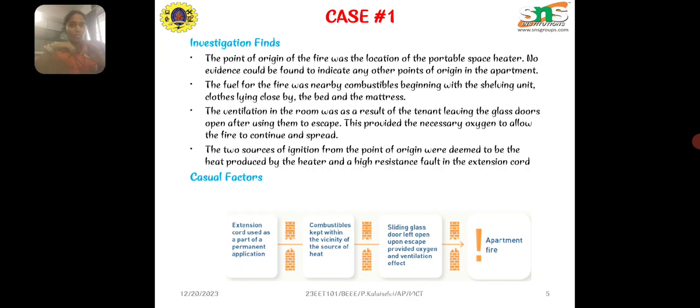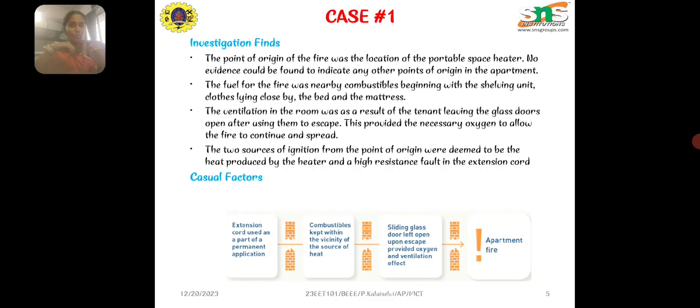No evidence could be found to indicate any other point of origin in the apartment, and the fuel of the fire was nearby combustibles in the living unit, like clothes lying close by, and the bed and mattresses. The person escaped through the ventilation opening, which provided the necessary oxygen to allow the fire to continue and spread.